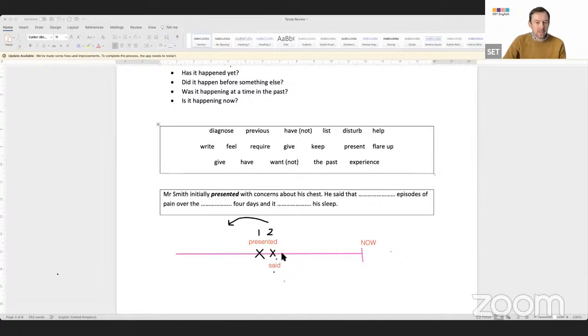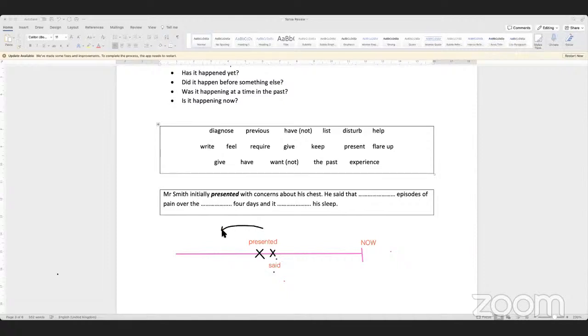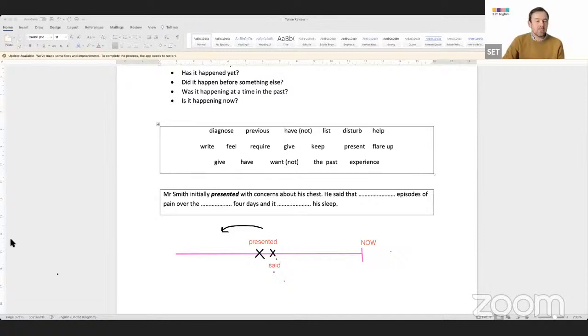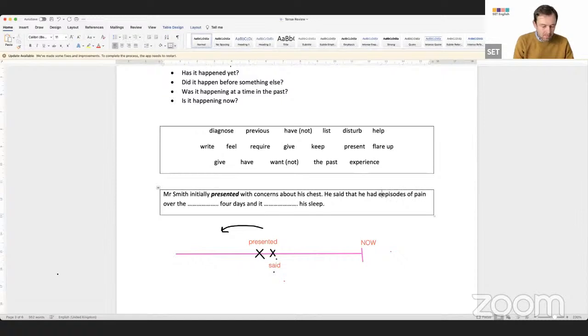Okay, brilliant. He had experienced. Yeah, I love it. Okay, so let me put that in here. He said that he had experienced episodes of pain.